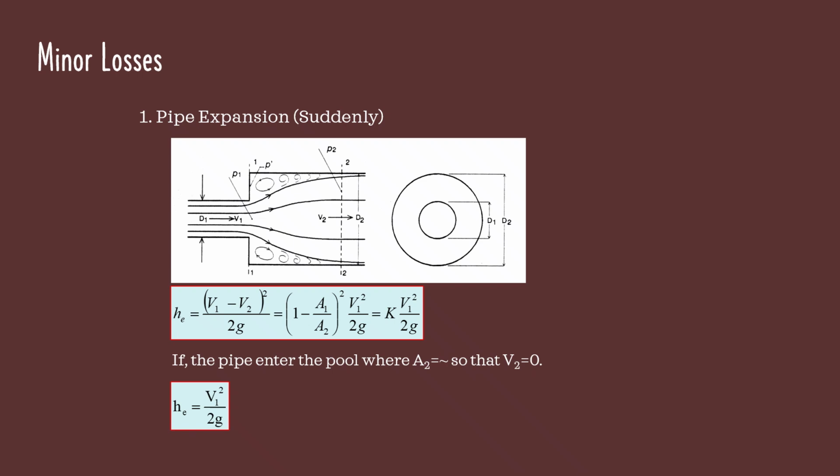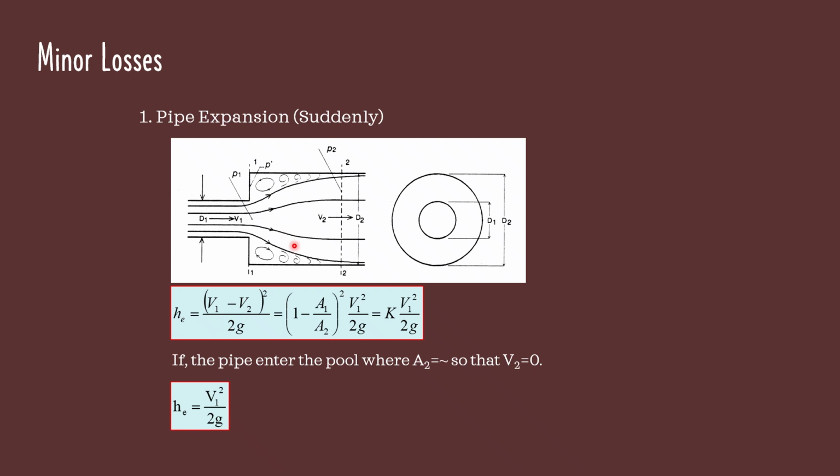The causes of minor losses. The first one is pipe expansion. This is a sudden change of the area. If you see the diameter in pipe 1, it has D1, and the water flows through the pipe, and the diameter changes to D2, or diameter 2.